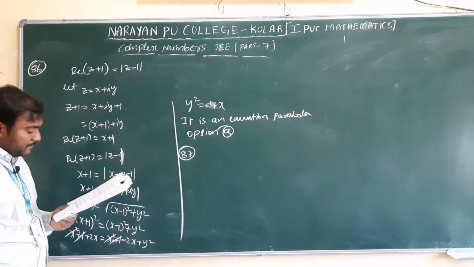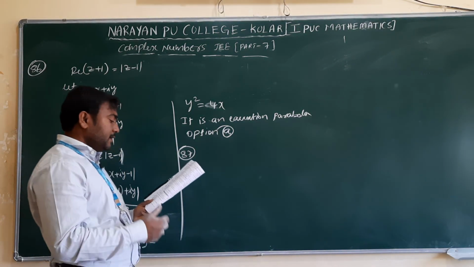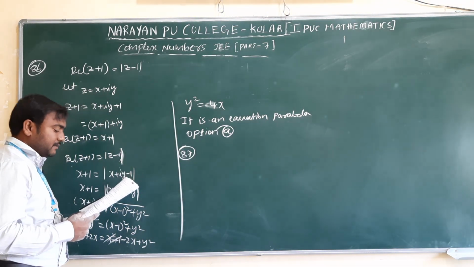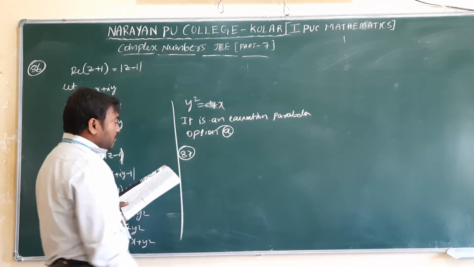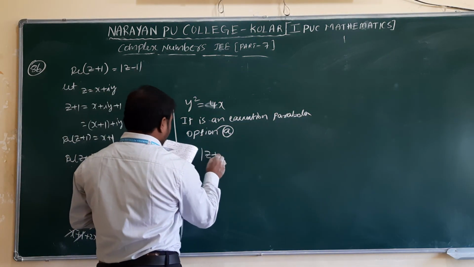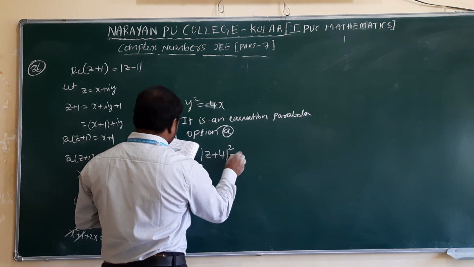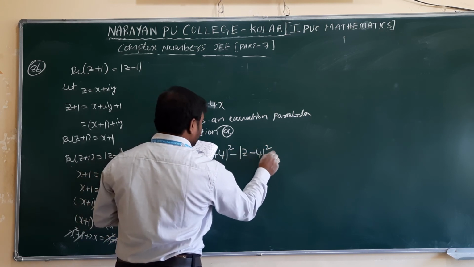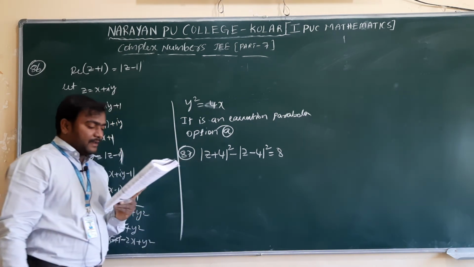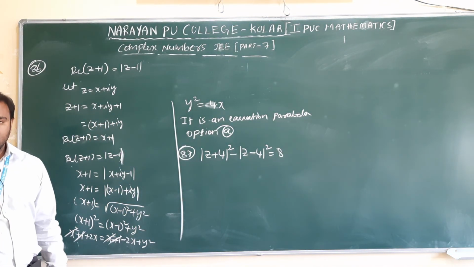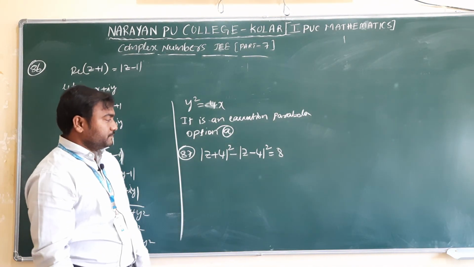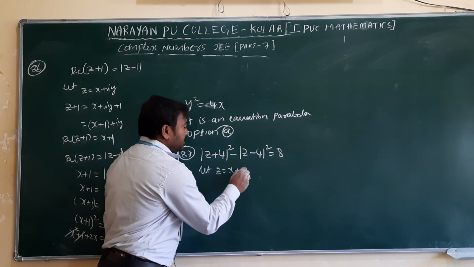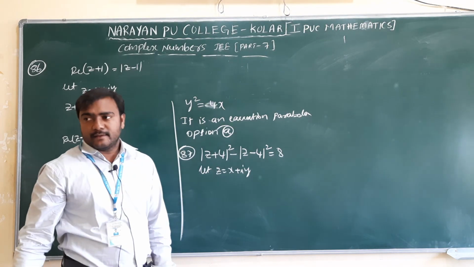Next, question number 87. The points representing the complex numbers z for which modulus of z plus 4 whole square minus modulus of z minus 4 whole square is equal to 8 lie on... Here let z is equal to x plus iy.